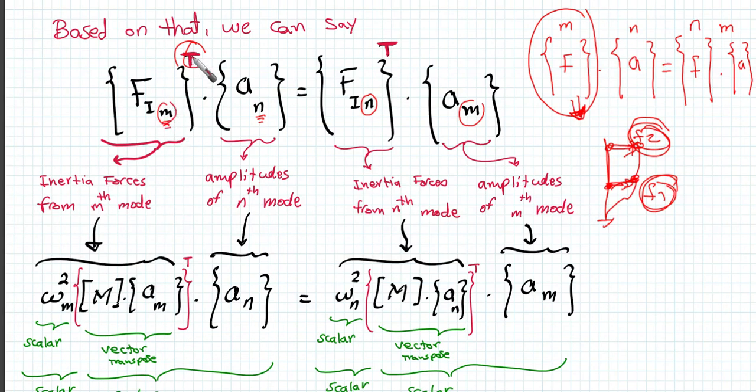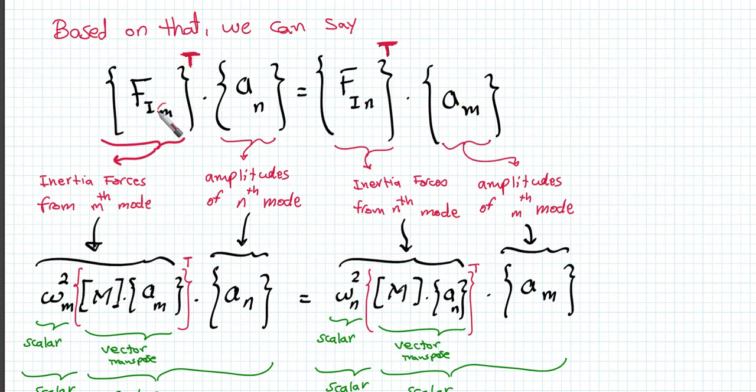Okay, let's clear it here. So this is the inertia forces. I stands for inertia. So the inertia forces from the mth mode transpose times this vector, which is the amplitudes of the nth mode, equals the same, but we are going to flip n and m here.